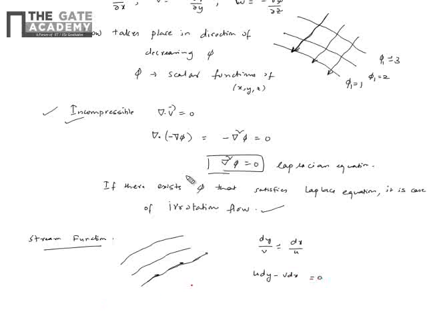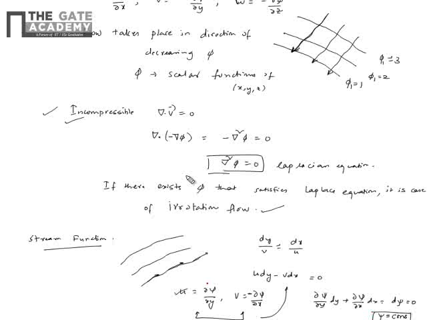Now suppose I define u as a derivative of psi with respect to y, and v as minus the derivative of psi with respect to x. These are just definitions. If I keep u and v this way and substitute in this, it will satisfy. So u is del psi by del y times dy, minus del psi by del x times dx. This is nothing but d psi, which is 0. That means psi is constant along the streamline.